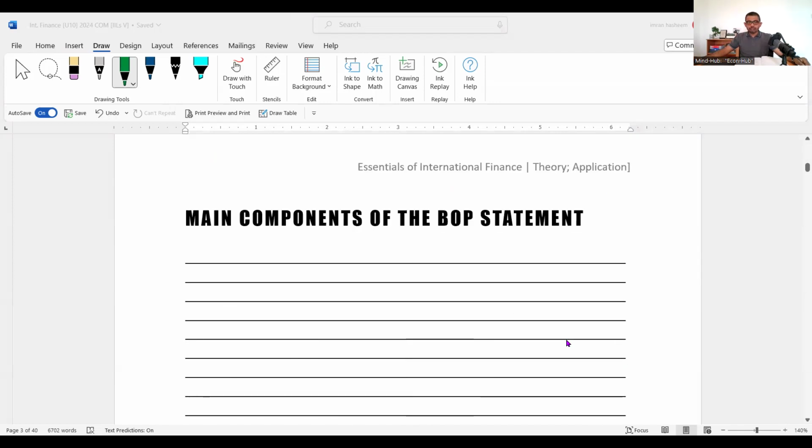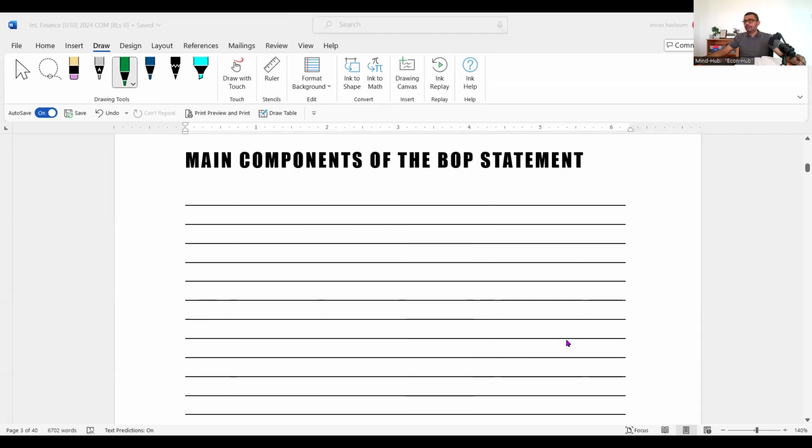Then, main components of the BOP statement. Now, this is going to be an important note for you. So, I want you guys to make every effort to concentrate and write everything you think is important for you to know in this area. Are we clear? In which format you write it, you can decide. If you want to divide the space vertically and create more space for yourself, that's also okay.